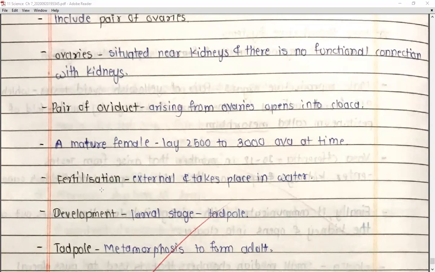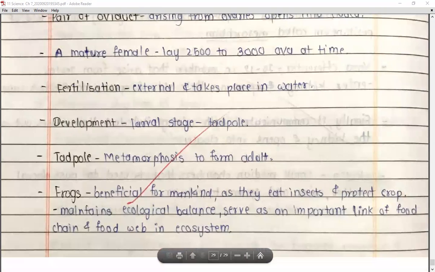And the fertilization in frogs is observed to be external. That means they are releasing the eggs out in the water, right? Externally the fertilization takes place, and the development includes a larval stage, which is known as the tadpole stage.